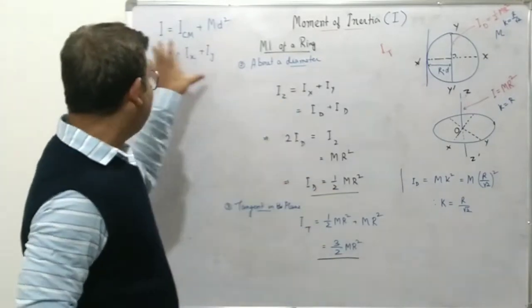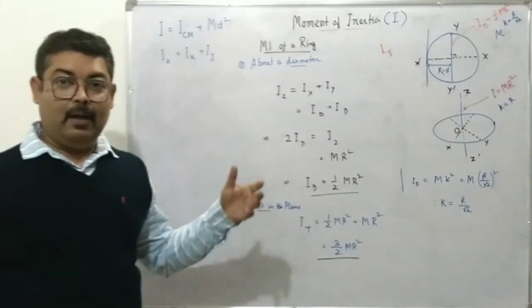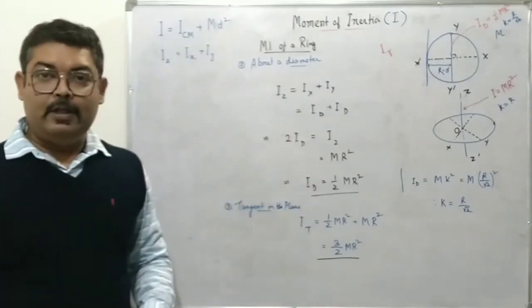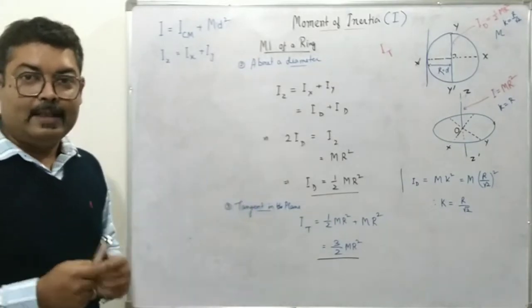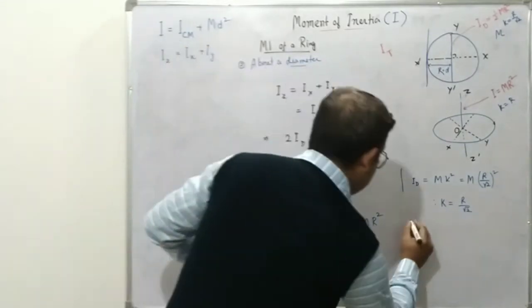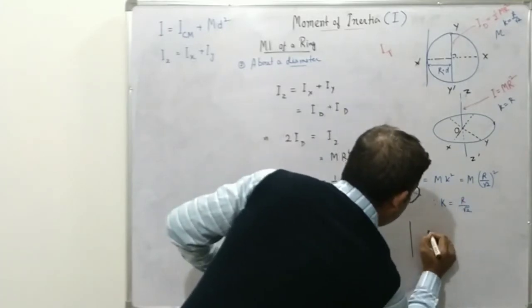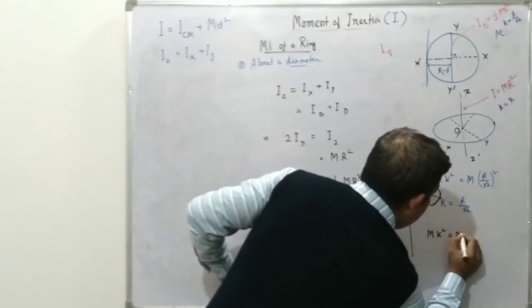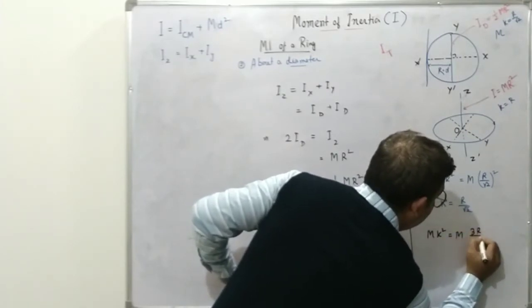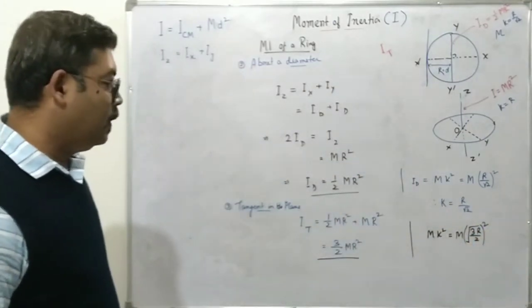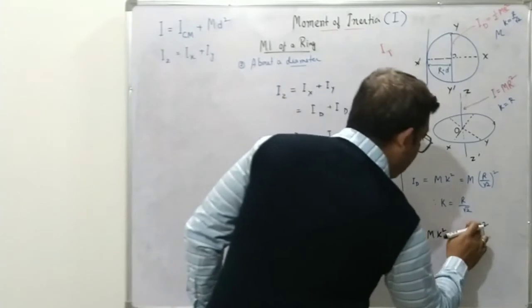So these two theorems are making it easier for us to find the values of moment of inertia of the same body about different axes, right? Now if this is so here, then again m k squared, radius of gyration, will be m into root 3 by 2 r whole squared, right? r is not under square root.